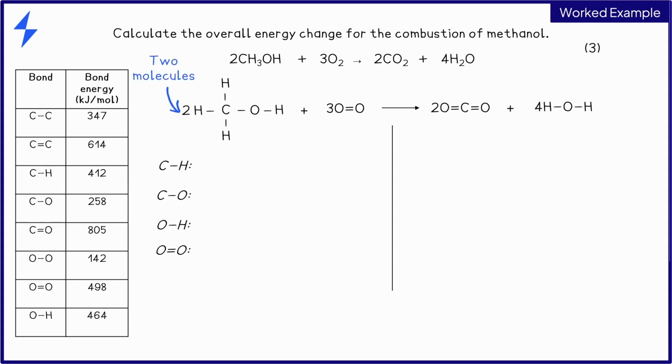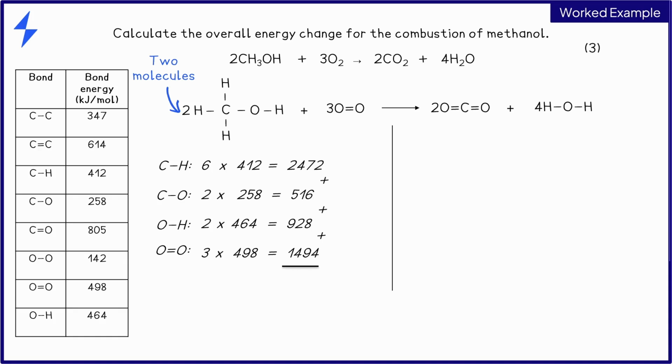Then multiply the number of bonds by the bond energy in the table. As we can see, we've got 6 carbon-hydrogen bonds, 2 carbon-oxygen bonds, 2 oxygen-hydrogen bonds, and 3 oxygen-oxygen double bonds. Add these values together to determine the total energy taken in to break the bonds, which gives us a value of 5410 kilojoules per mole and will score the 1st mark.